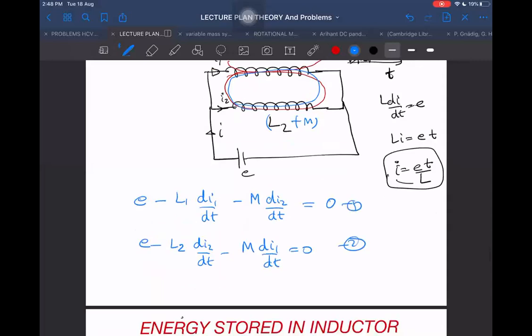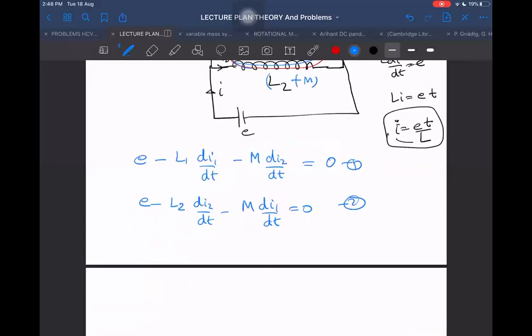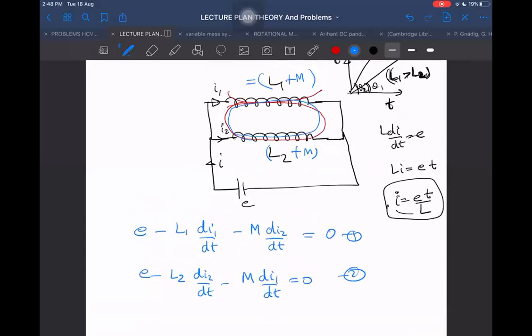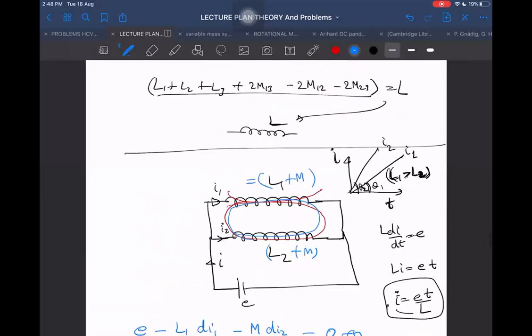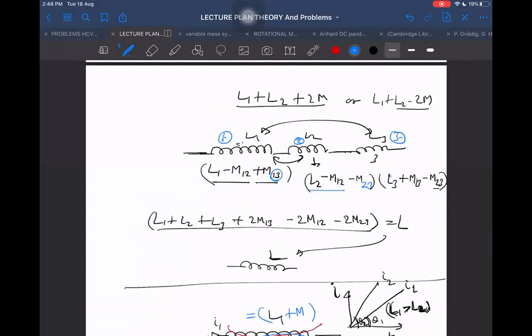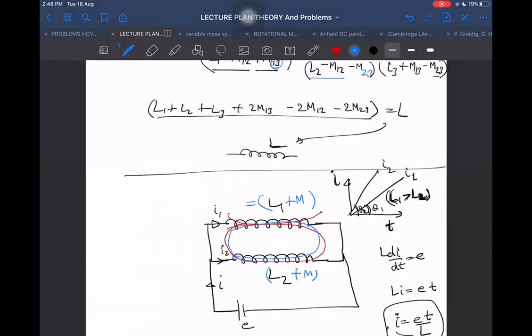But this is not enough. I cannot solve it if I don't write one more equation. The sign of M, I assumed it. If I really want to find out, I have to make a 3D diagram, but I don't want to do that now. I'm just assuming that the flux was in such a way that these were supporting each other, so I took the sign to be positive. It was just my assumption.